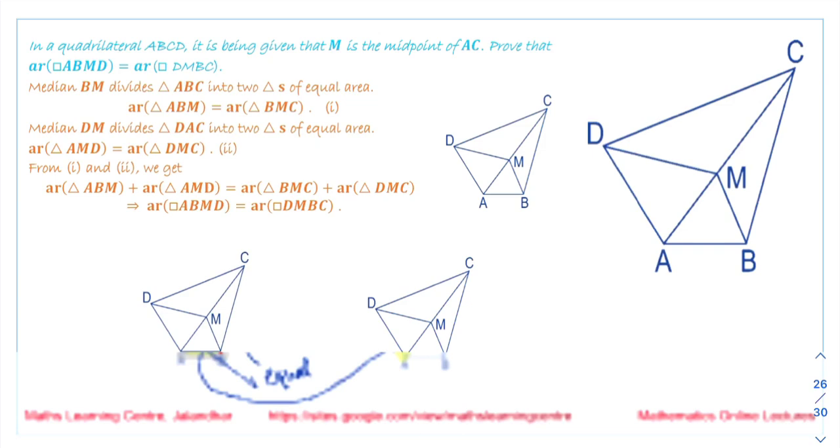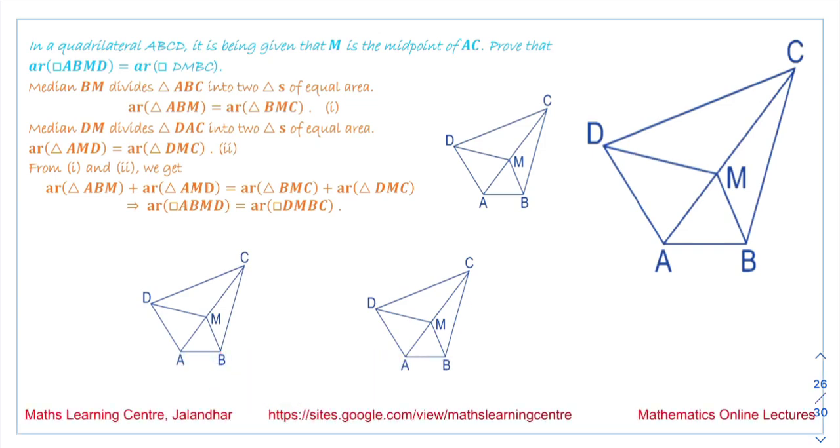Next, a quadrilateral ABCD is given to us. This is a quadrilateral ABCD, and it is given that M is the midpoint of AC. We have joined these two points A and C, and M is the midpoint of AC.